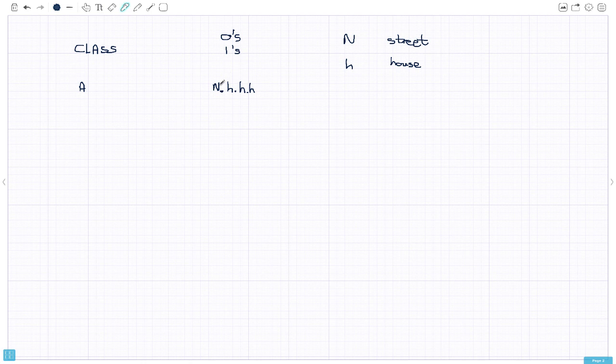So all zeros in the network field or all zeros in the host field is not allowed to be given as a real address. All ones in the network field or all ones in the host field is not allowed to be given as a real network address. So you always subtract 2 at the end. You always minus 2. So here we have 256 networks.